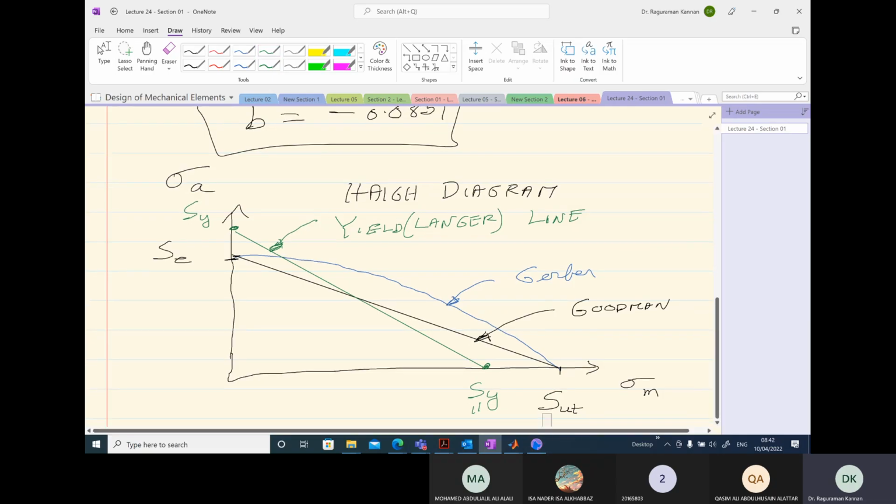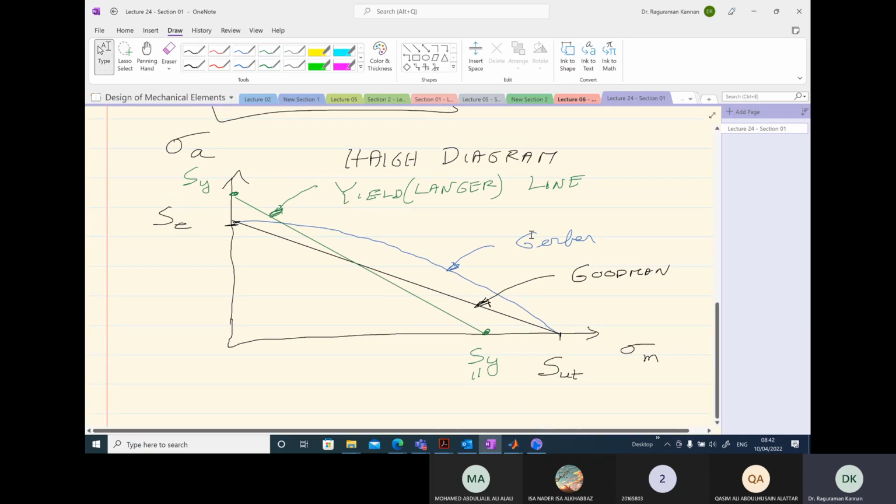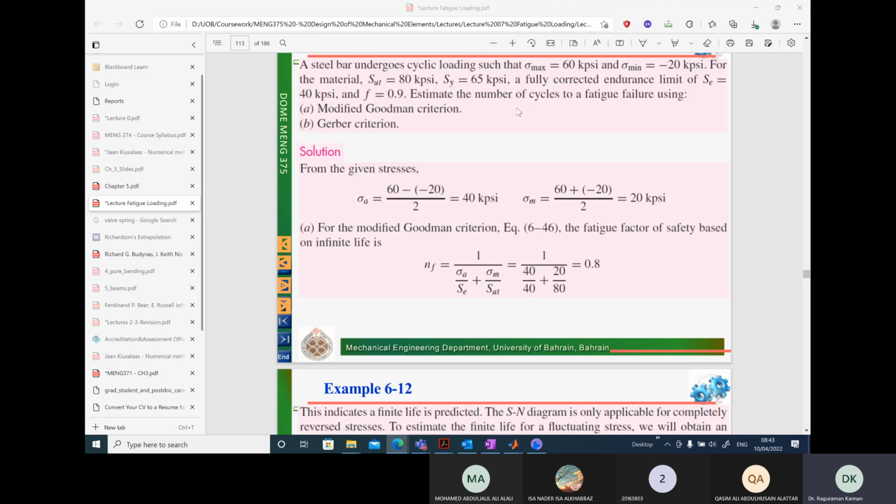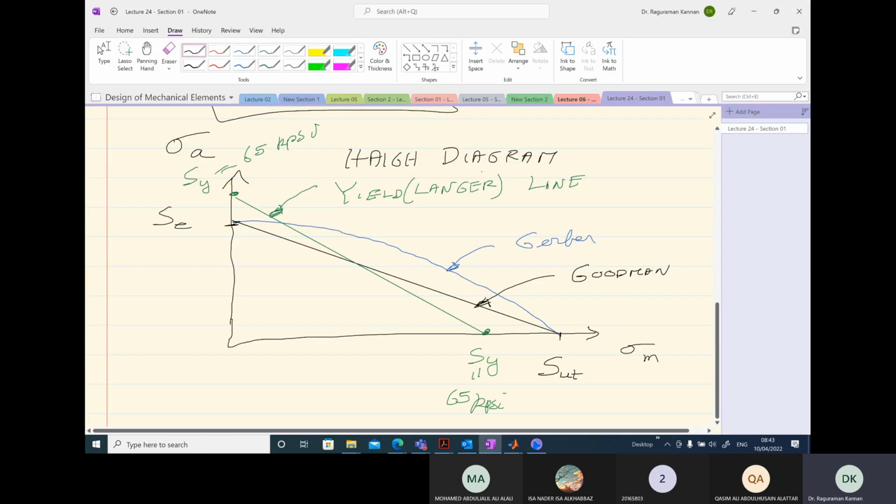This value is 65. Let's note down the S_UT value, 80 kpsi.